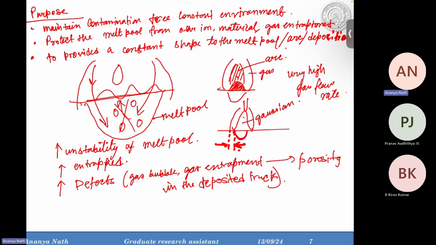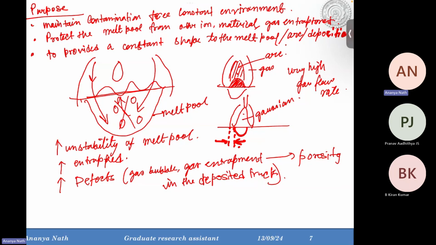So that's why every process parameter should have an optimal value. They should not be used with a very high or very low value, beyond the optimal range. That is why it is called a process parameter, because it has an influence over the process.